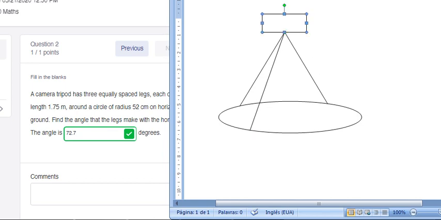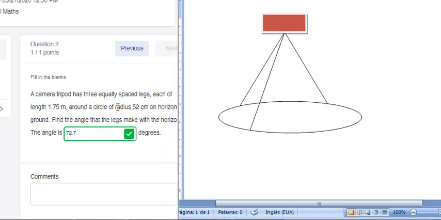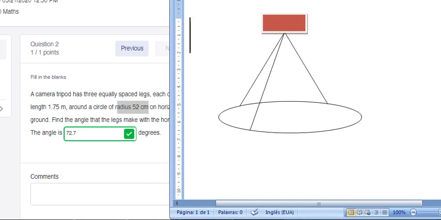So let's talk about the legs and the circle. The circle has a radius of 52 centimeters. So this means that from the center of the circle to one of the sides, if this is the center, here is going to be 52 centimeters.